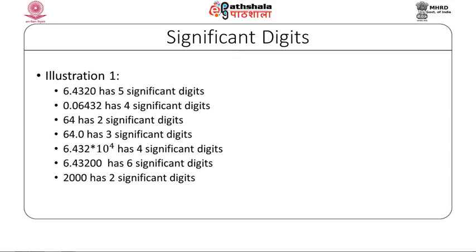In 0.0643, both the occurrences of 0 are non-significant, only 6, 4, 3 are the significant digits. 64 has 2 significant digits, 64.0 has 3 significant digits, 6.432 times 10 raised to 4 has 4 significant digits, 6432, and 6.43200 has all the 6 digits significant. And 2000 depends upon where it is occurring and what it stands for. Right now I am saying it has one significant digit, namely 2.